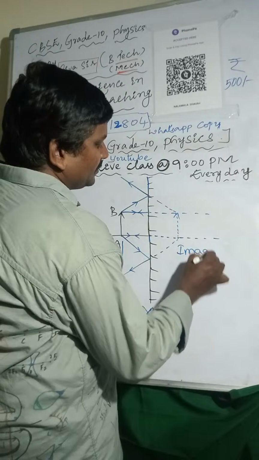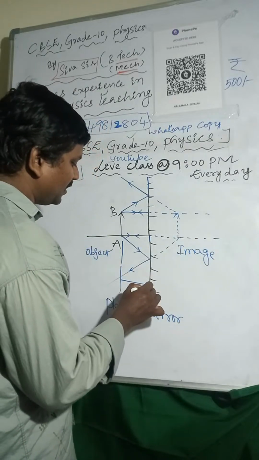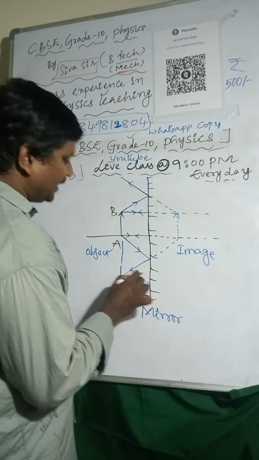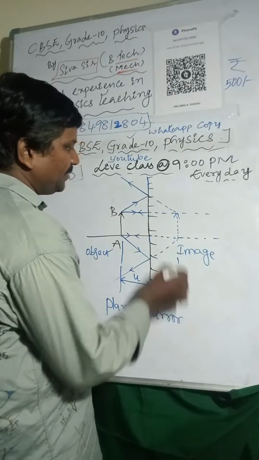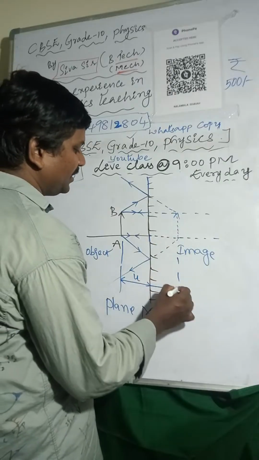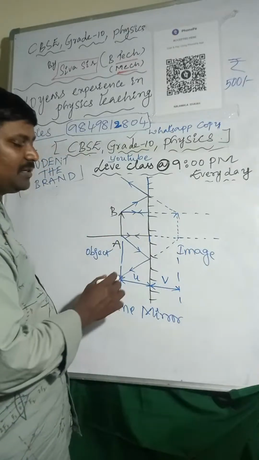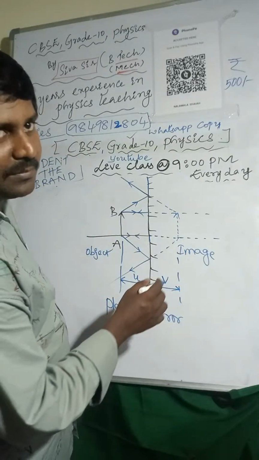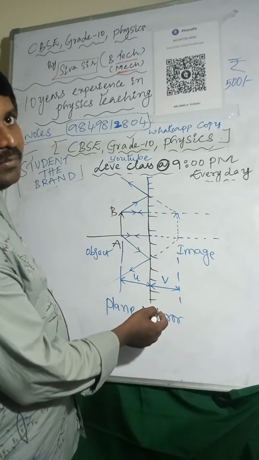The distance between object and mirror is called object distance. The distance between mirror and image is called image distance.